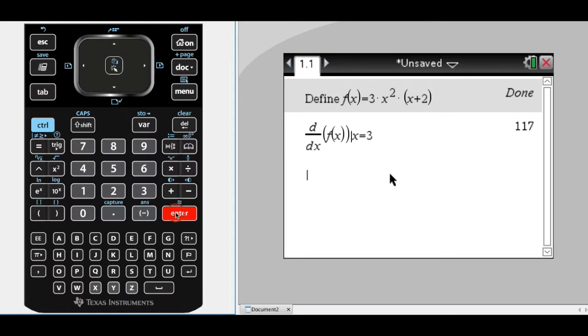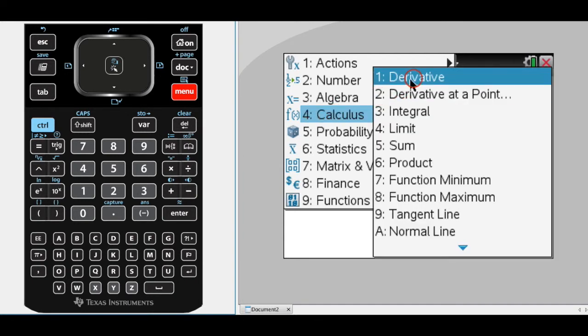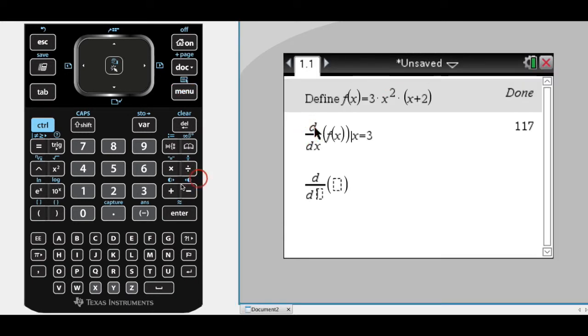Please note that I don't put x equaling 3 in at this stage. Let's do that now and see what the result is. So menu, calculus, derivative, and I'm doing it with respect to x, and then it's going to be f of 3, and hit enter.